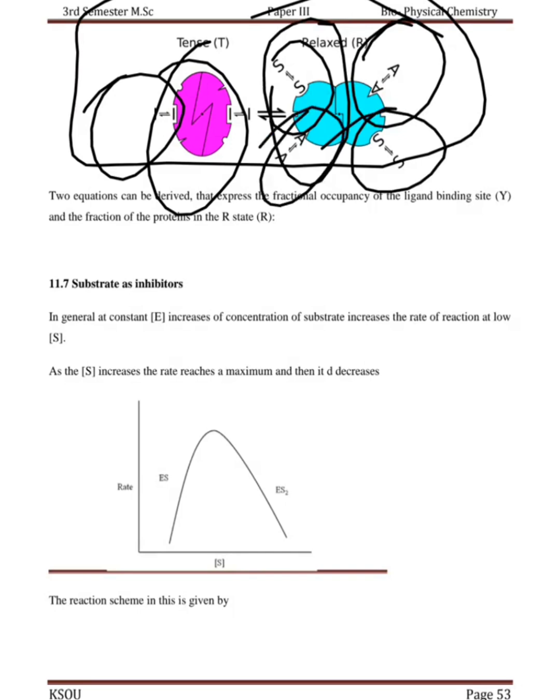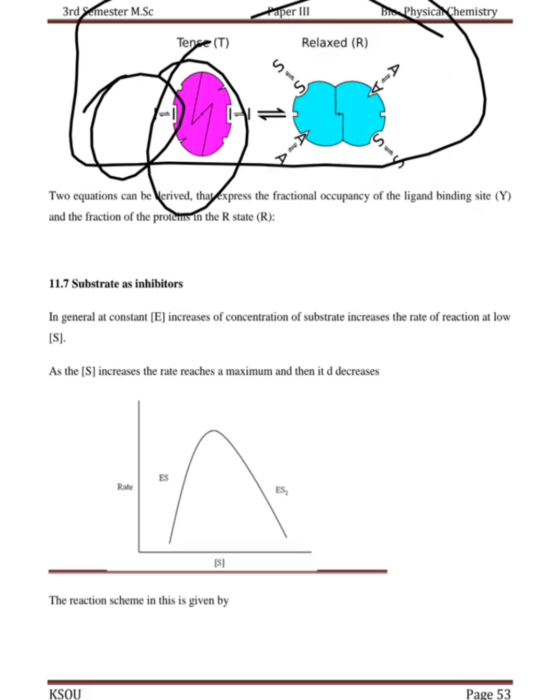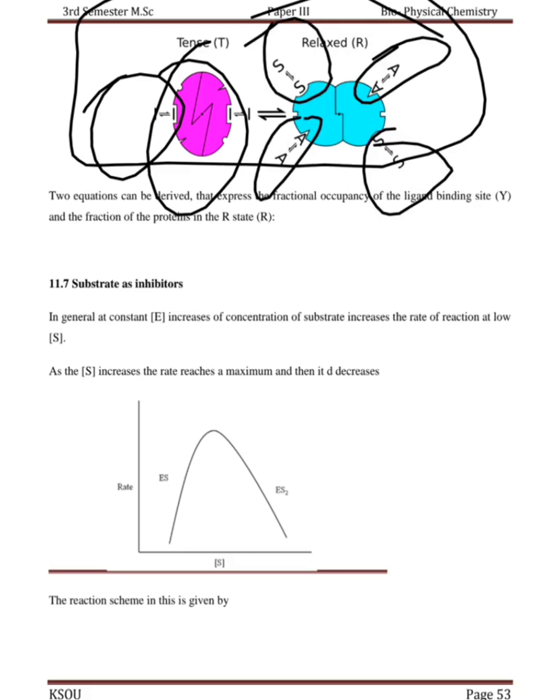So the binding of ligand can cause a change in the equilibrium leading to activation or inhibition of the protein. When the drug molecule is bound to the right binding site of the protein, it will be in the active state. When it is not binding to the right one, it will be in the inactive state. So this leads to the activation or inhibition of the protein.